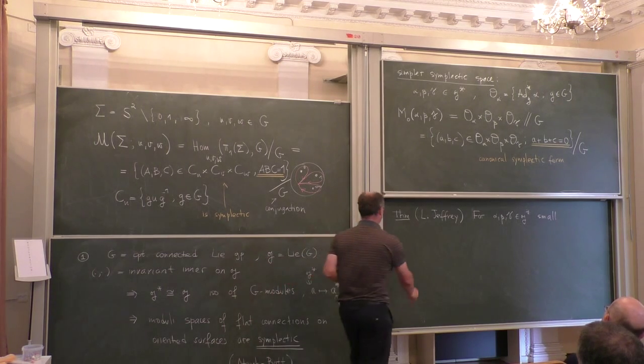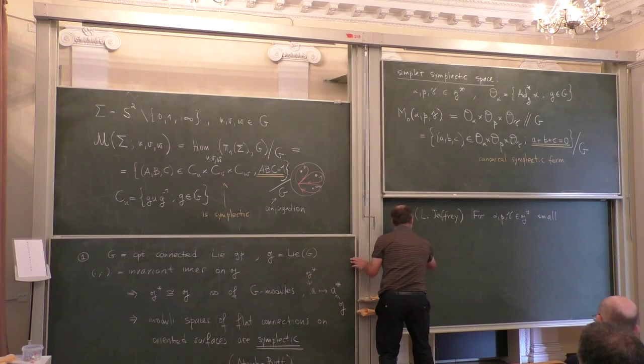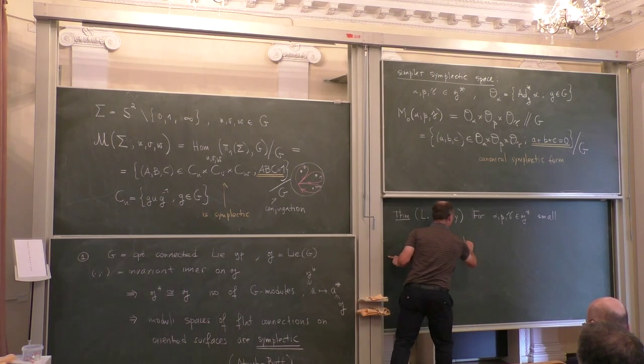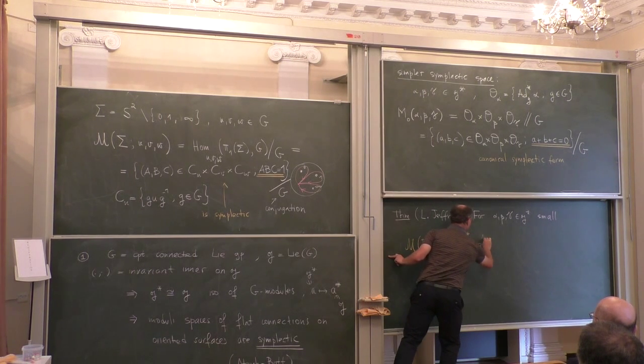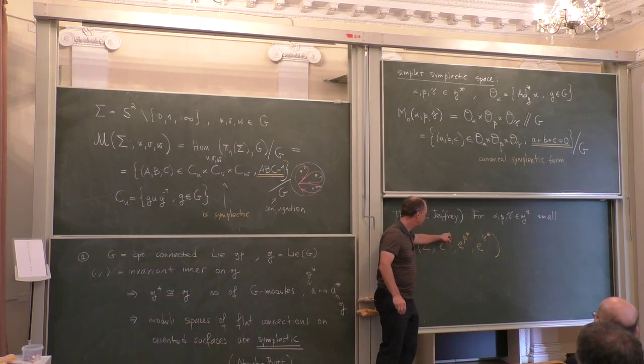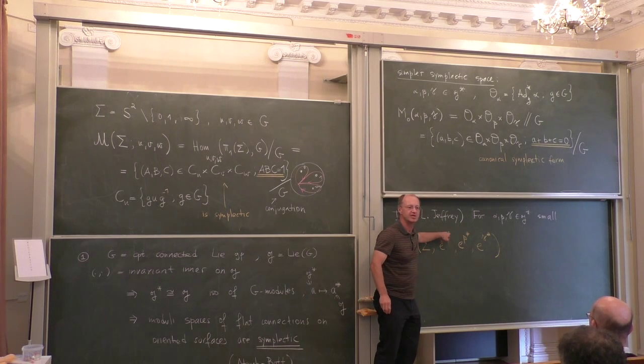We have the following statement. The moduli space is sigma, where as elements u, v, and w, we take exponentials of the guys which represent our elements in the Lie algebra, right?